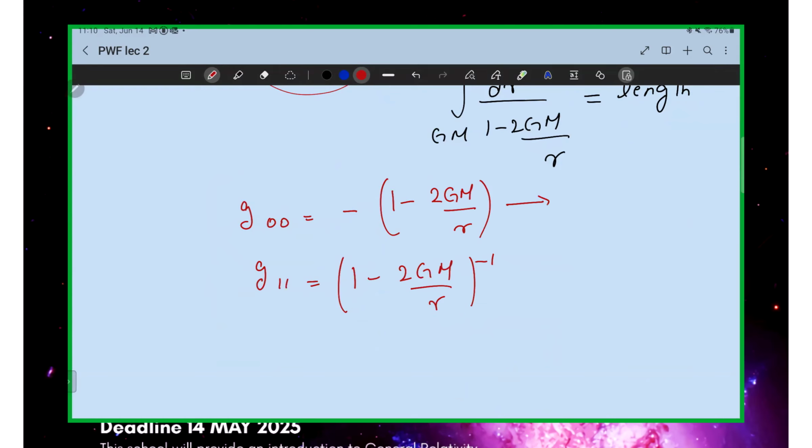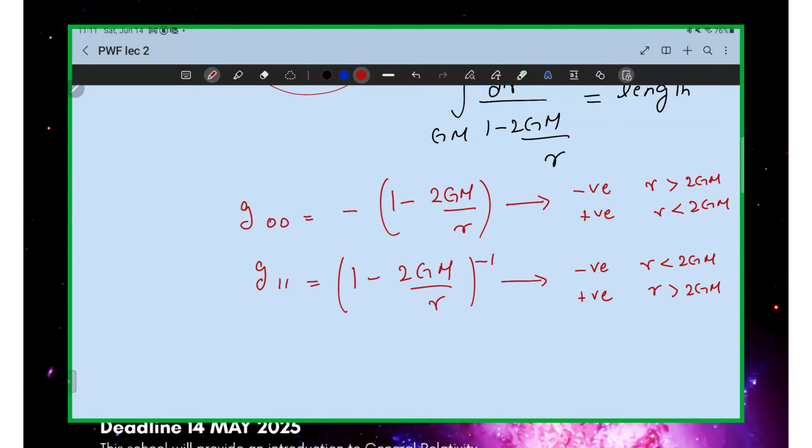So this thing is negative when r is less than 2GM, and it is positive when r is greater than 2GM, of course.